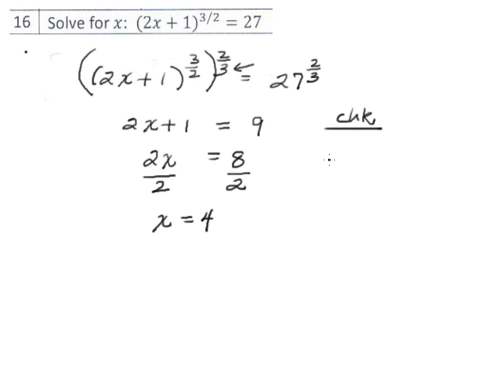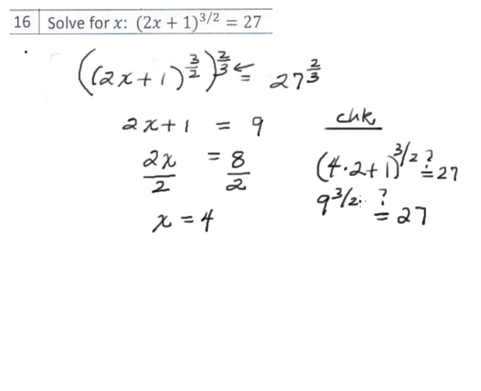All right, so that's (4 times 2 plus 1) to the 3/2. And we want to see, is that equal to 27? Okay, so we have 9 to the 3/2. Well, 9 to the 1/2 is 3, and 3 cubed is 27, so that checks.